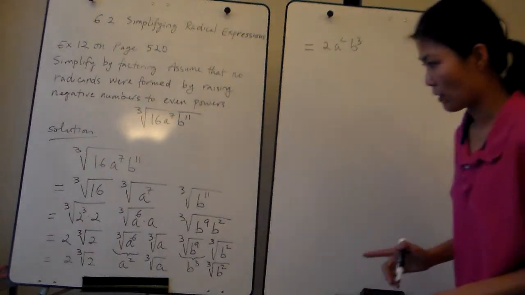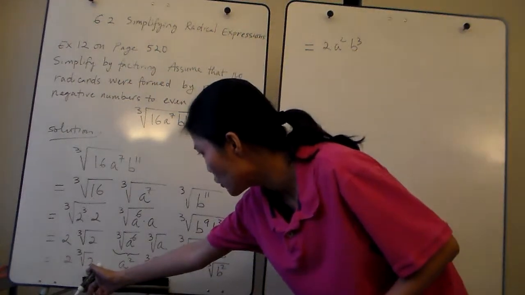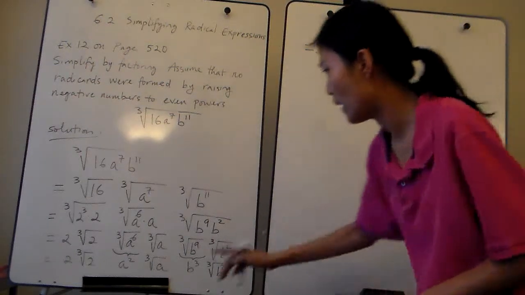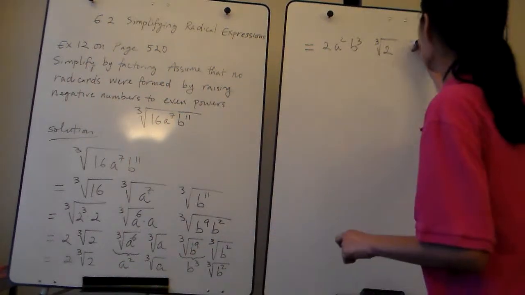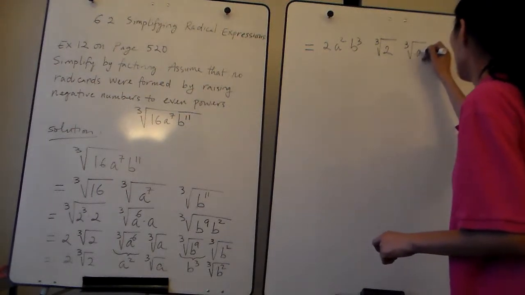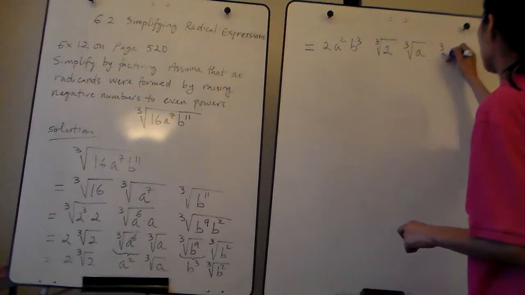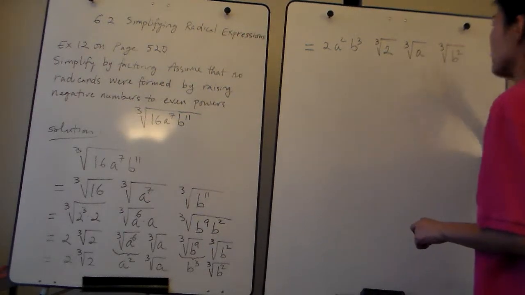Okay? So the remaining radicals are the cube root of 2, the cube root of a, and the cube root of b squared.